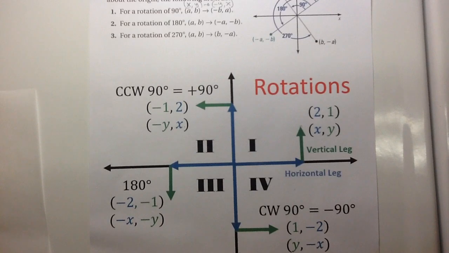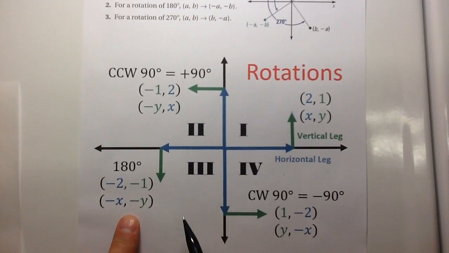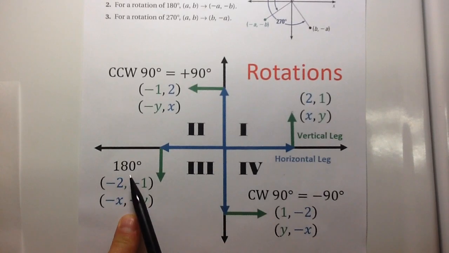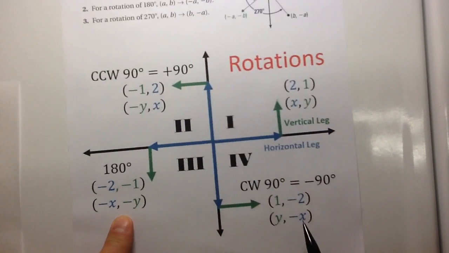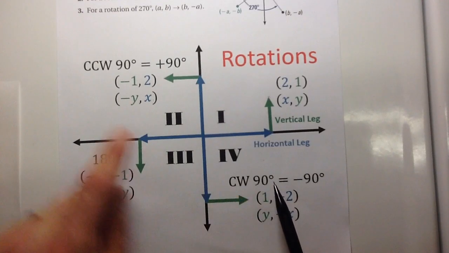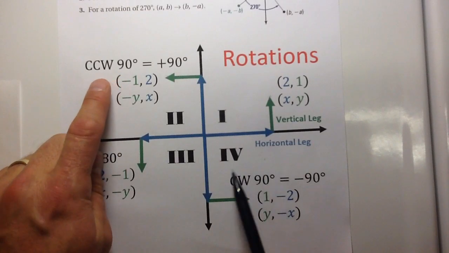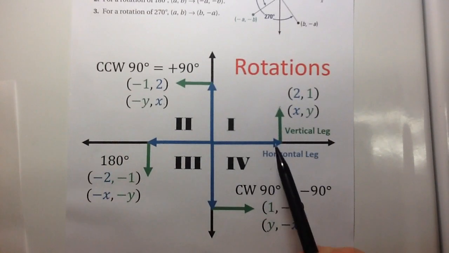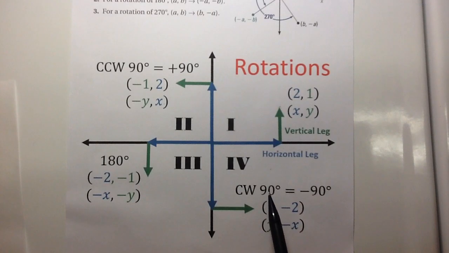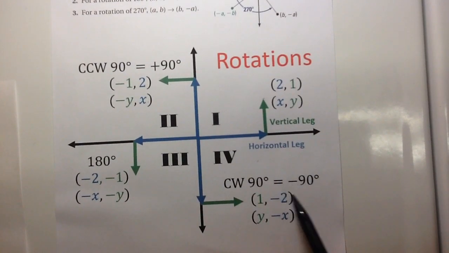Okay, of course we're going to practice this in class, and here are your other rules if you wanted to do it for 180 degrees, and also for now this could be a counterclockwise 270 degrees if you wanted to. That's the same thing as a clockwise 90 degrees, which is another way of saying a negative 90 degrees.